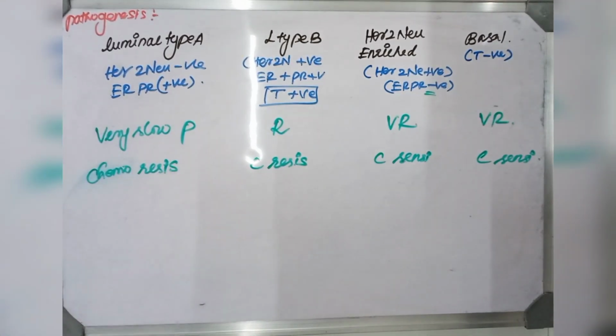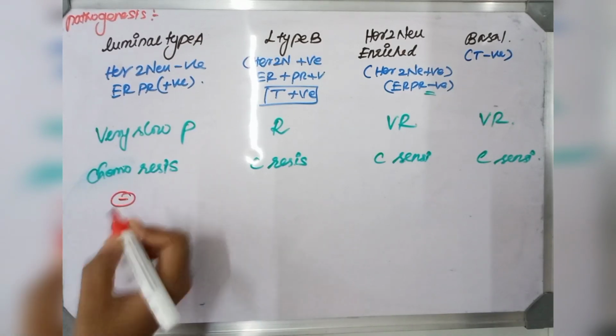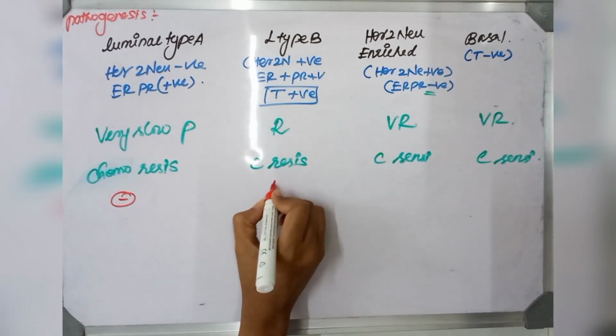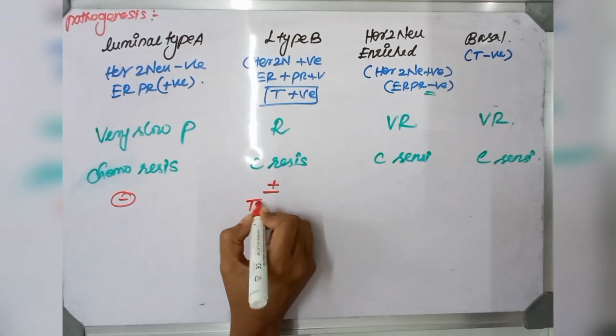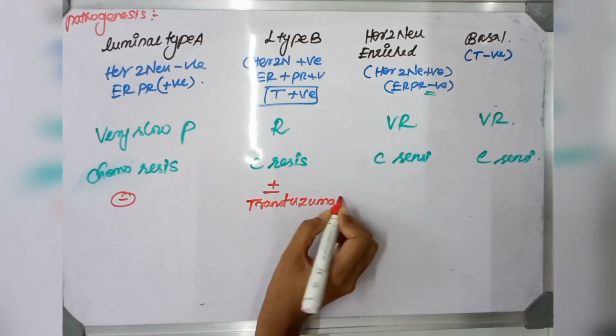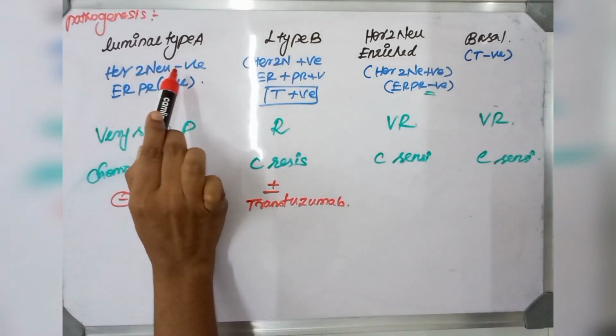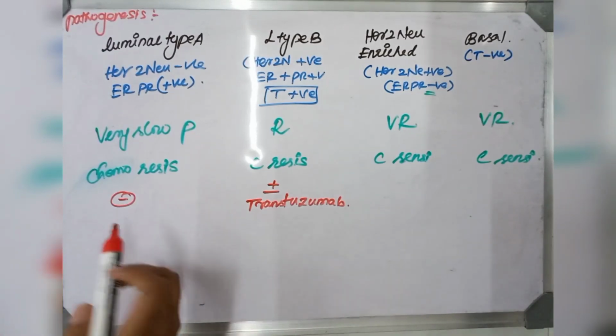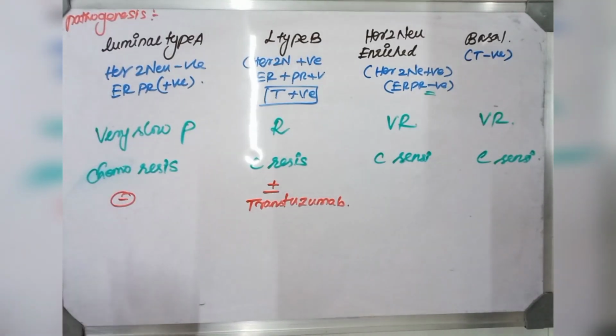We cannot give the antibody based on HER2, like trastuzumab. That shows a negative impact. Negative. But here this one shows plus or minus trastuzumab, because here HER2 is completely negative. So we don't have any sensitivity at all.